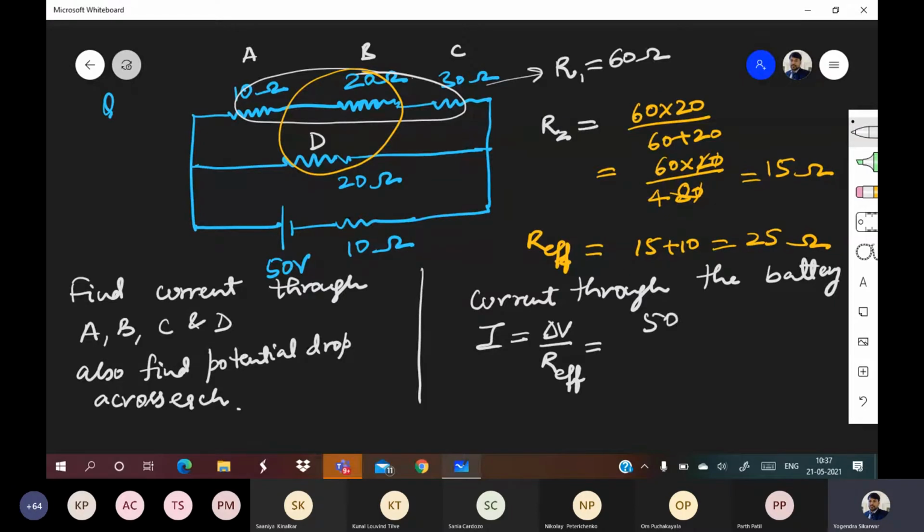R effective is 25, so 50 upon 25 is 2. So 2 ampere current is going from here.